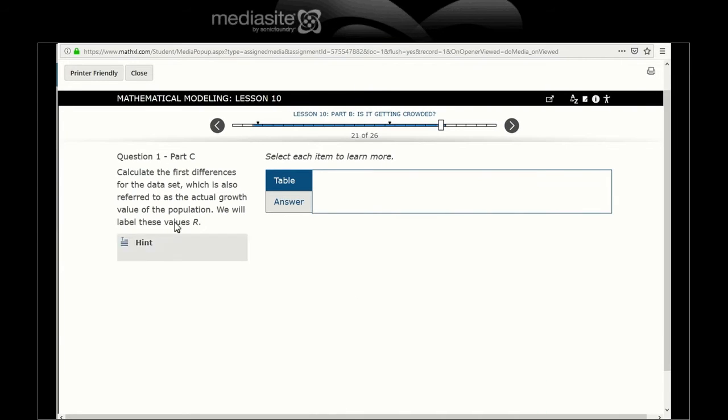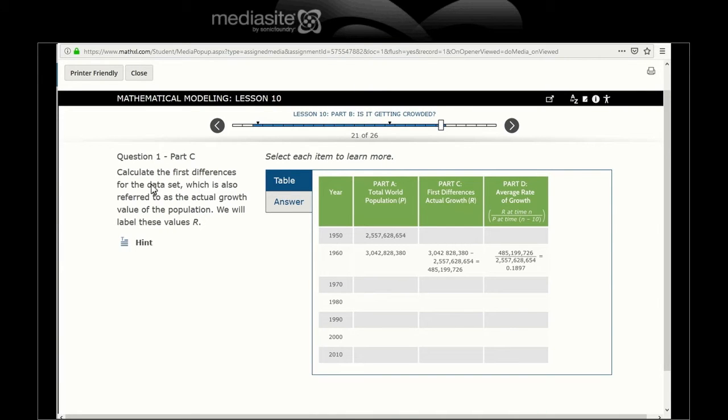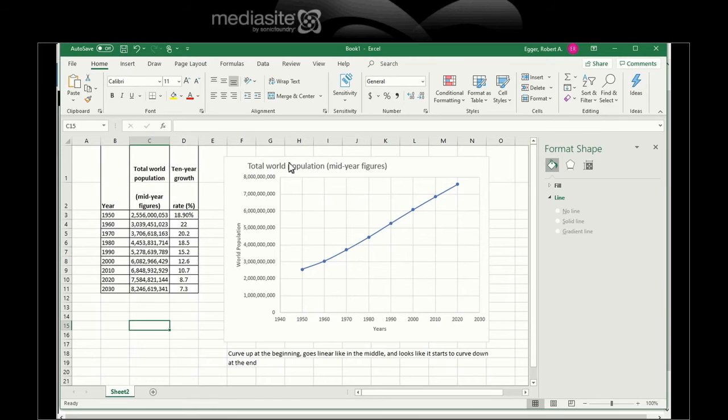Next question. Calculate the difference for the data set, which is also referred to as the actual growth value. We will label these values R. Okay, I'm going to do this on the spreadsheet since it's going to be a little difficult to here. So let's go to spreadsheet.